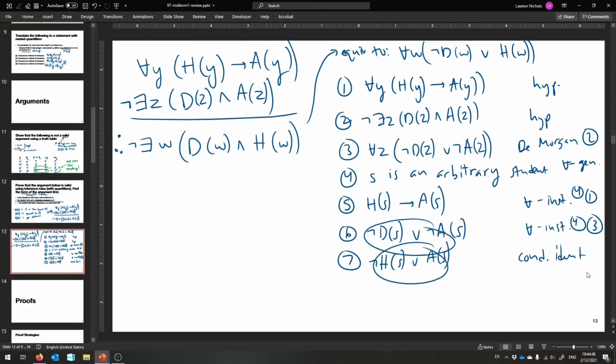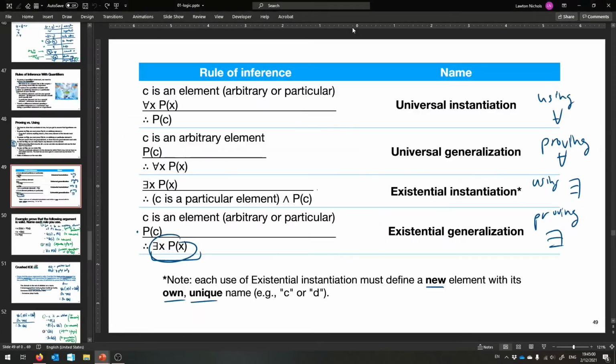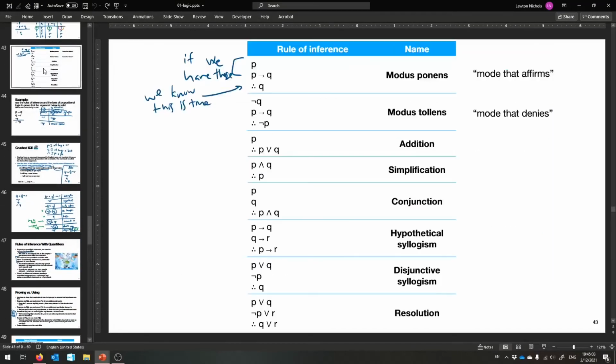And now I have these two things. I have not D of s or not A of s, and I have not H of s or yes A of s. Okay, so true and false. There's something that can be done with those. If we go up here, we can do what's known as resolution. So if I have the opposites with ors involved, and then I have two other things on the other side of those ors, I can bring those two things together. And you can go and prove this valid if you would like, but it's just saying that I don't know if either of these are true, but it doesn't really matter.